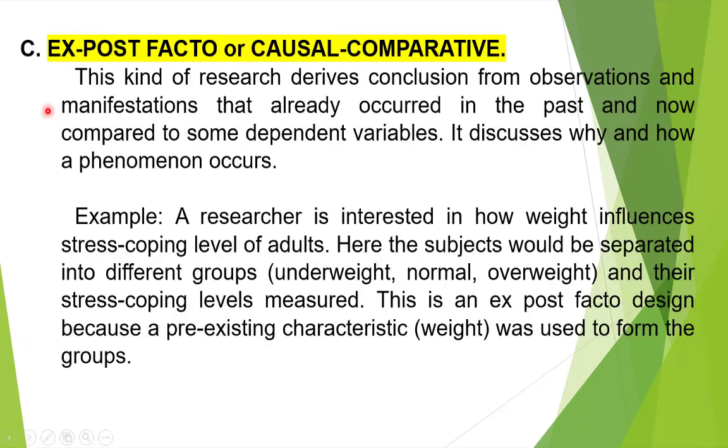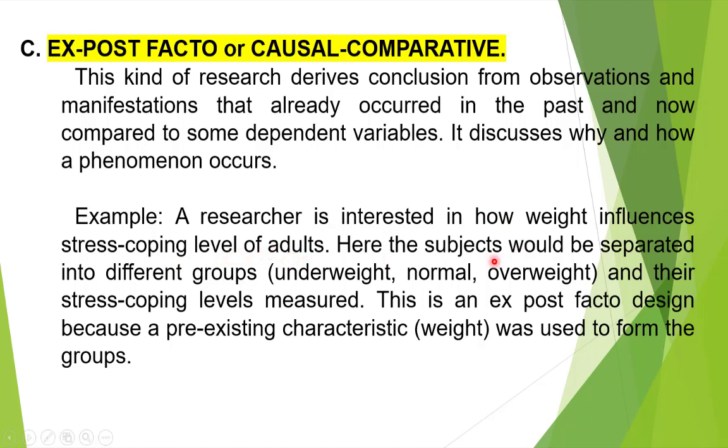Next, we have the ex post facto or causal comparative. So ex post facto, this kind of research derives conclusions from observations and manifestations that already occurred in the past and are now compared to some dependent variables. It discusses why and how a phenomenon occurs. For example, a researcher is interested in how weight influences the stress coping level of adults.